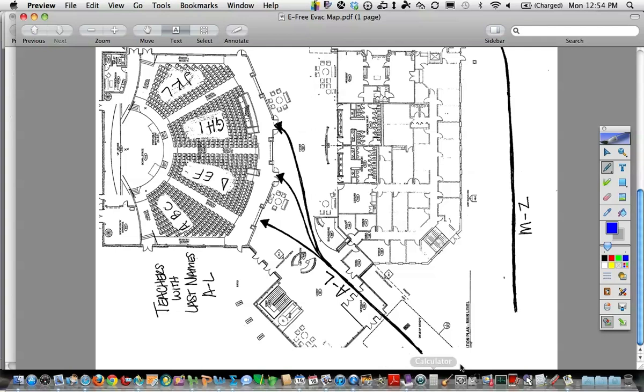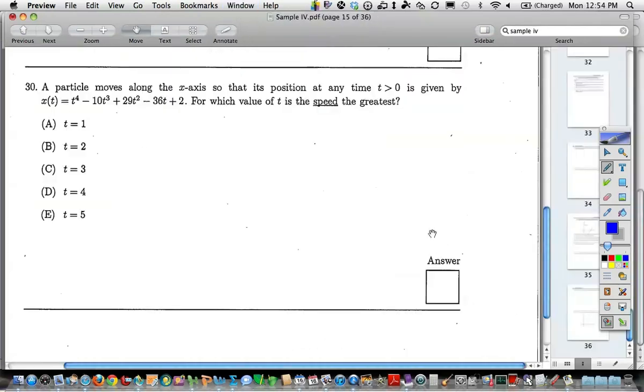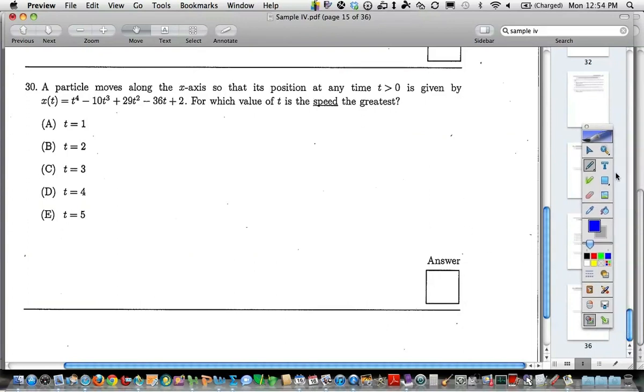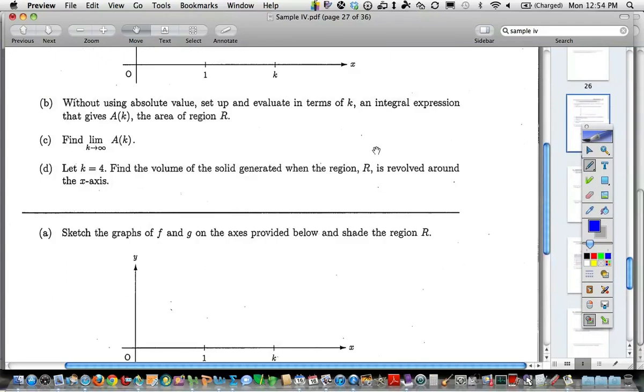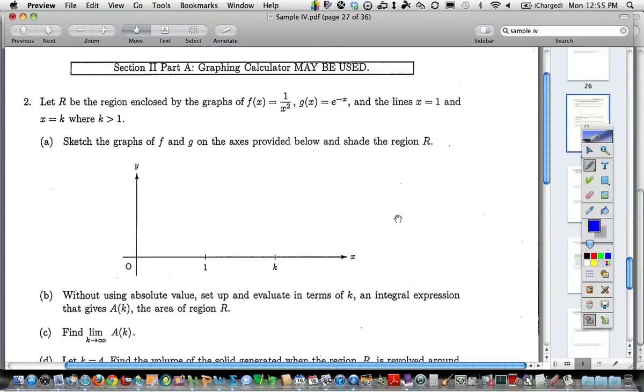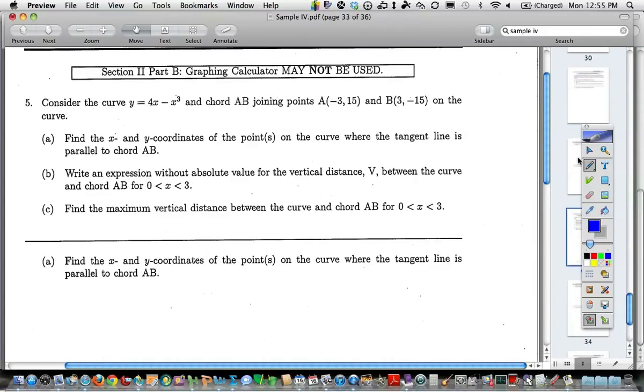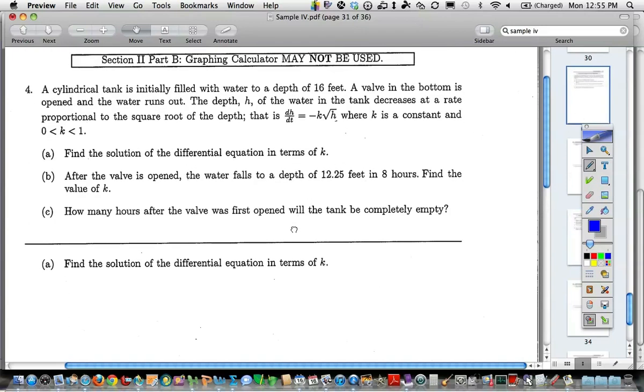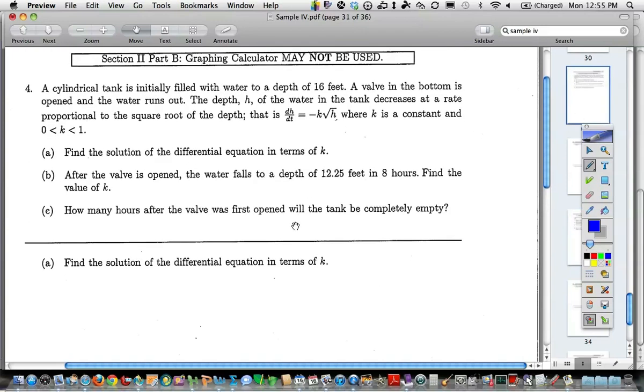Number 4 was not assigned. Okay, which one is this? Number 2. There it is right here. Okay, this is a no calculator one.